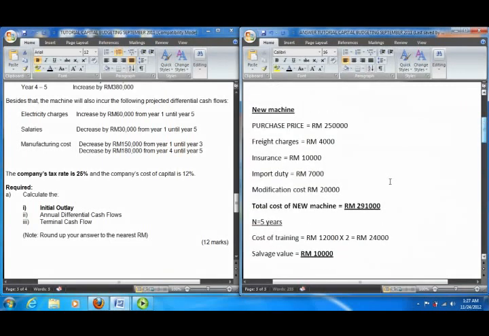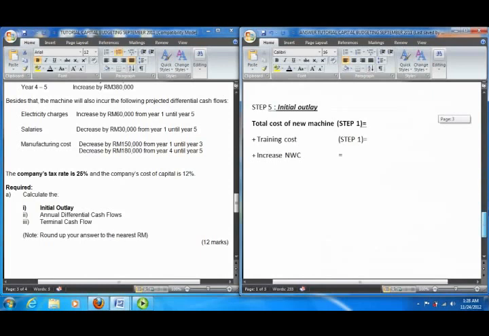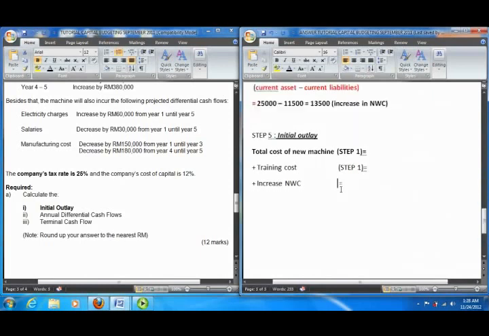As you can see, new machine, cost of training: training cost 24,000. How about the increase in NWC? You can get it from step 4. Now class, is it easy when you extract all the information from steps 1, 2, 3 and 4? Yes, you only substitute in the formula.